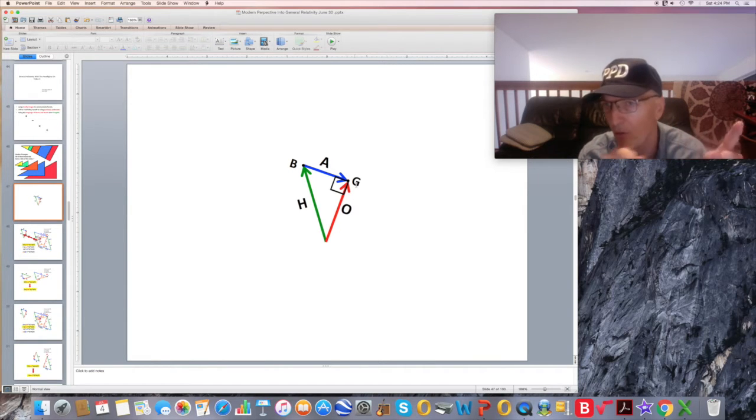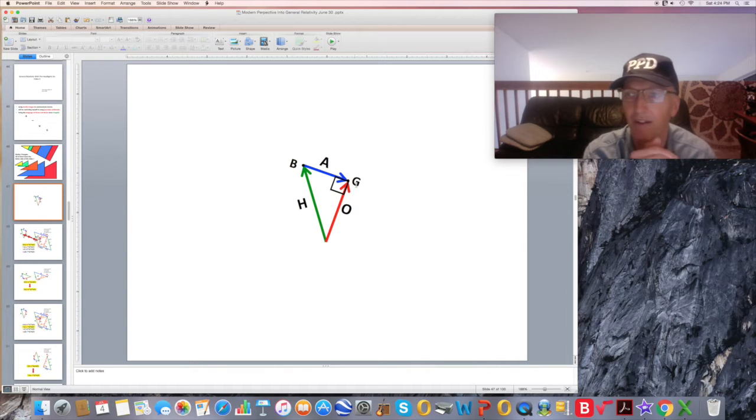It's also the closest distance in space-time, and that has to do with allowing the quantum waves of matter to sum up, and means you can actually take a measurement there, which means that the line B to G is the line of simultaneity for the person riding along H. And as I discussed last time, that is not the same line of simultaneity for the person riding along the red line, O. So if you want to see that again, go back and look at it.